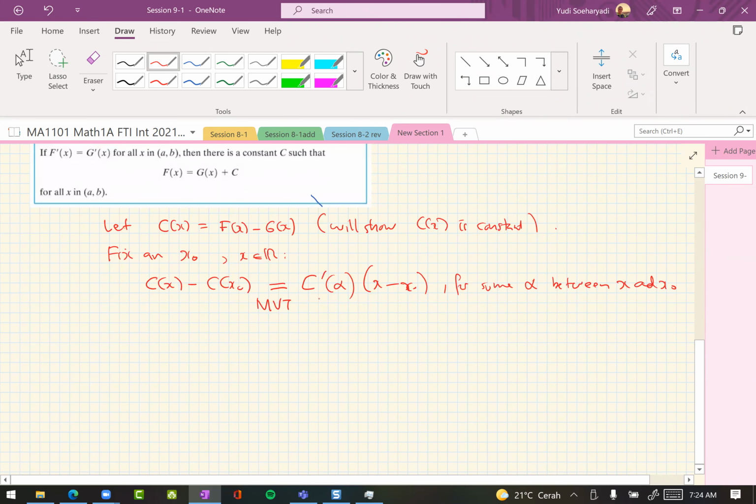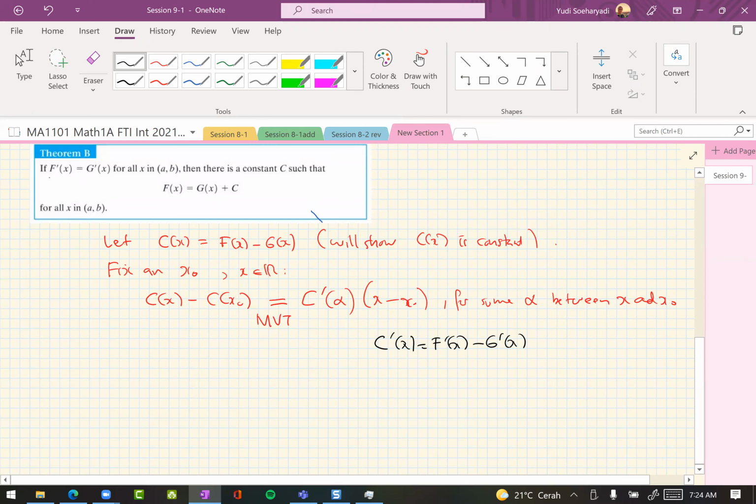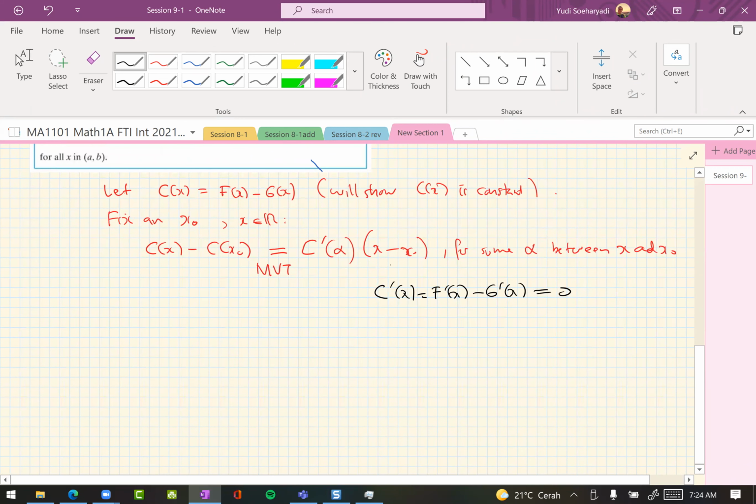But see, what is this? But we know that C prime is, by assumption, 0. So what's the conclusion here? By MVT, this is 0, then this should be 0.